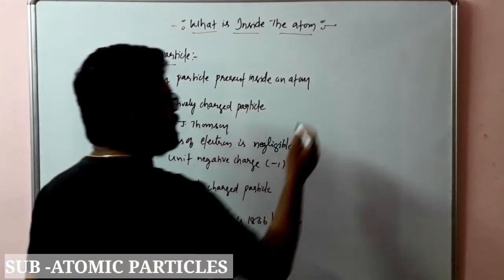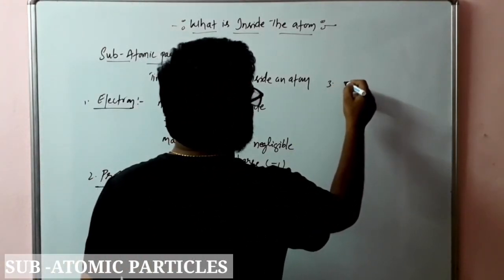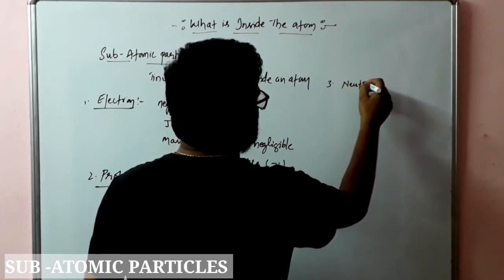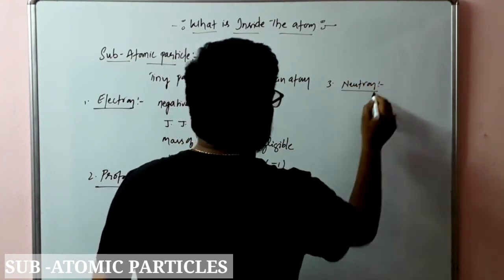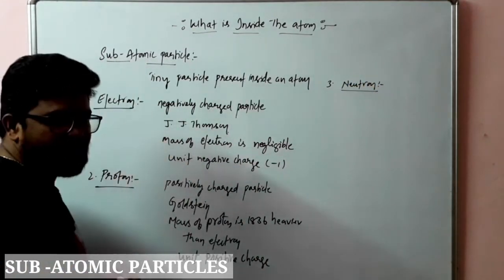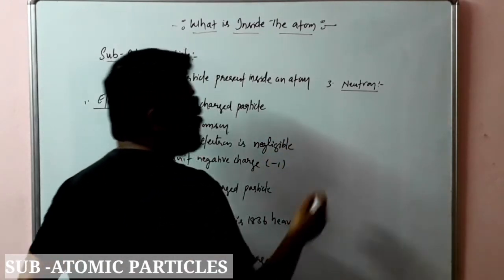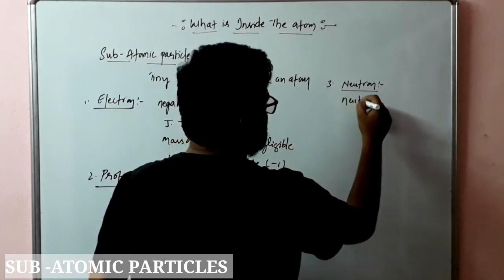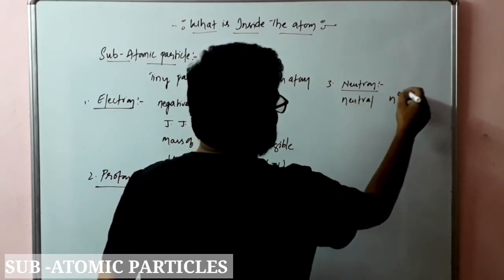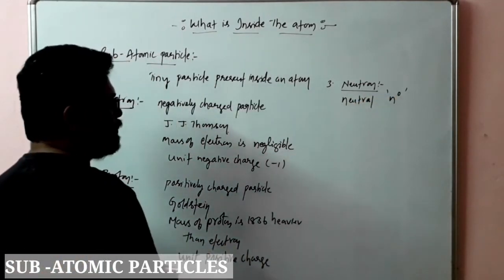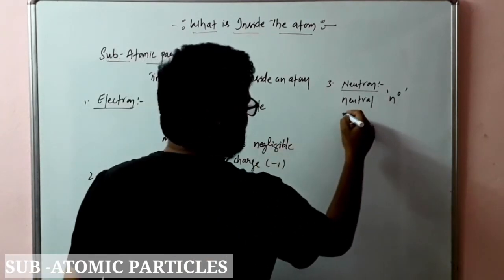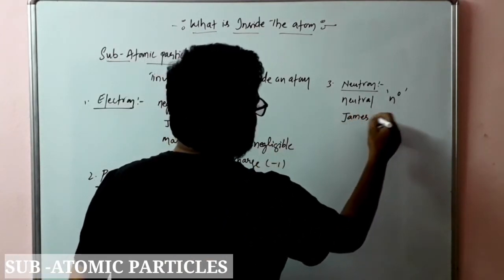The third subatomic particle, discovered in 1932, is the neutron. So the electron is a negatively charged particle, the proton is a positively charged particle. What about the neutron? The neutron is neutral, it does not have any charge, and it is represented in this manner. It was discovered by the scientist James Chadwick.